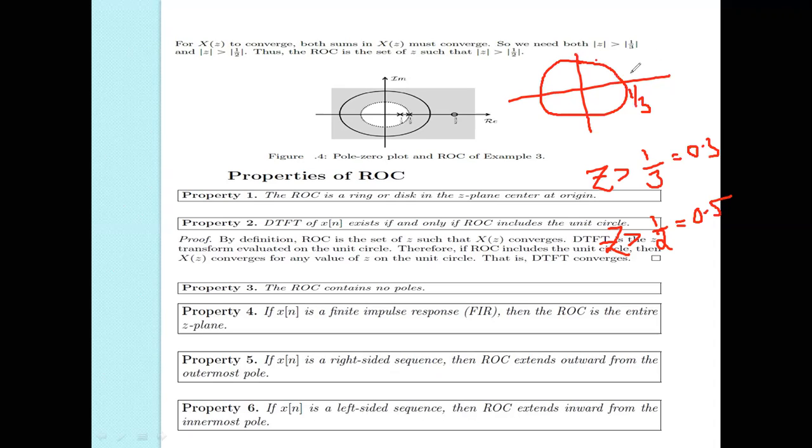Z greater than means outside the circle here. Outside the circle, the first one: z is greater than 1/3.